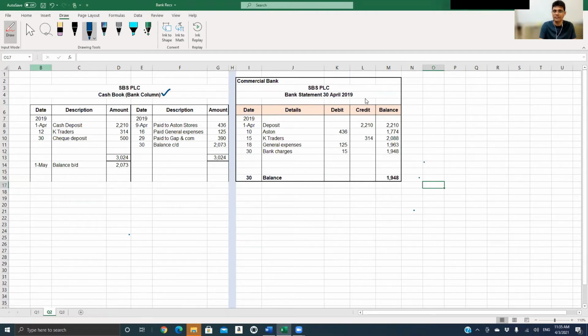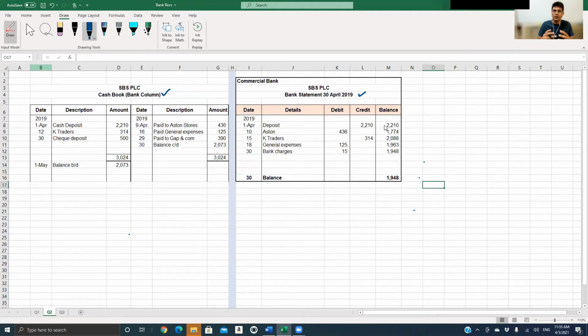sent us the bank statement, 30th April 2019. As I explained to you in my previous session, at the end of each month, the bank and the company will have to close their books of accounts.